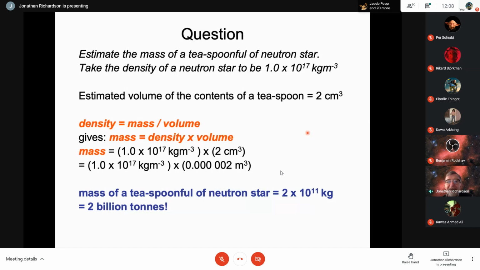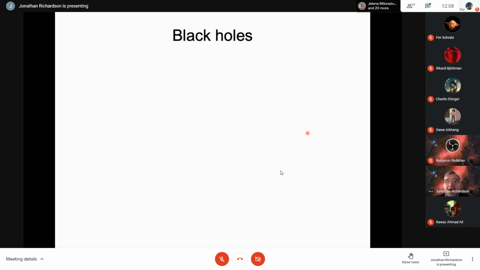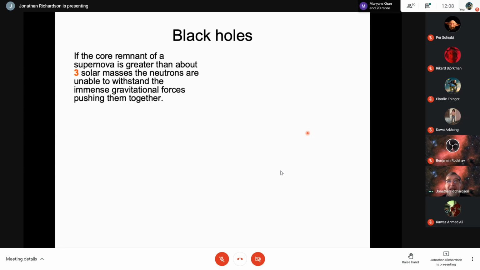But things get even better, because one of the final reaches that we come to in the life cycle of our stars is that of a black hole. If the core remnant of a supernova, we're not now talking about the iron content at the core, but the remains of the supernova, has a mass of greater than 3 solar masses, the neutrons are unable to overcome the gravitational forces.